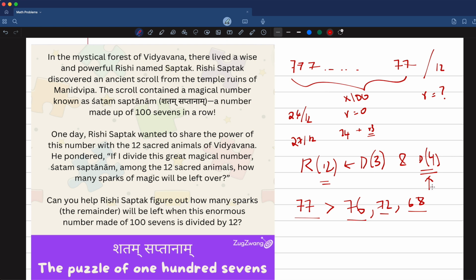But just using the divisibility rule for 4 allows you 3 possible answers. That's where the other number comes in.